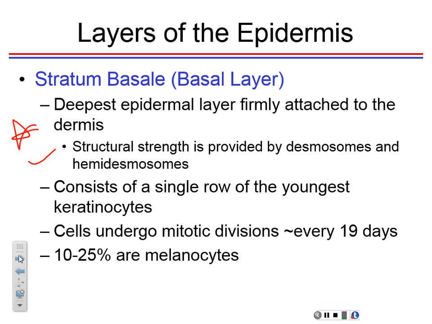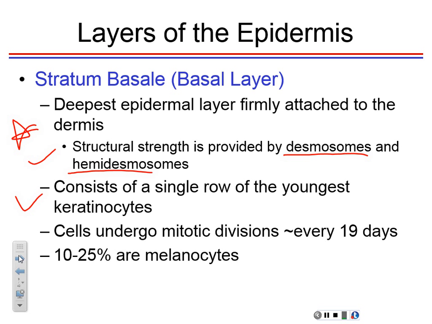Remember, we talked about the desmosomes being like areas of strong connection, like a spot weld, where you have a strong connection between the cells. All right? So we know about this already from when we did those tissues. All right? So these are the youngest keratinocytes, and they're actively dividing. And they're the ones that will replace the keratinocytes on the top eventually.